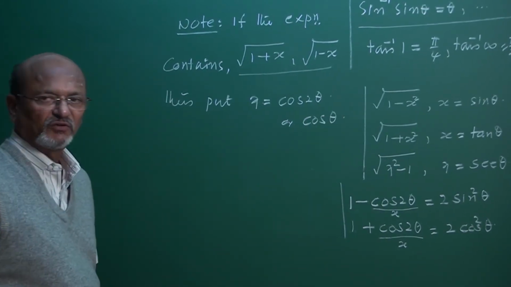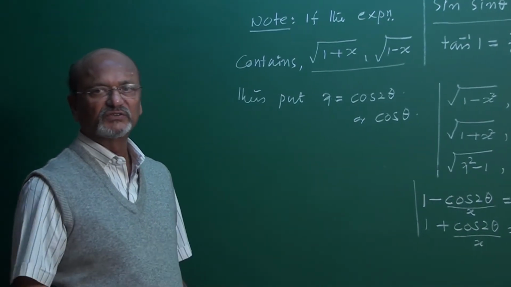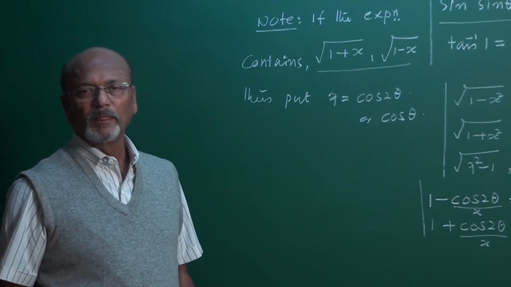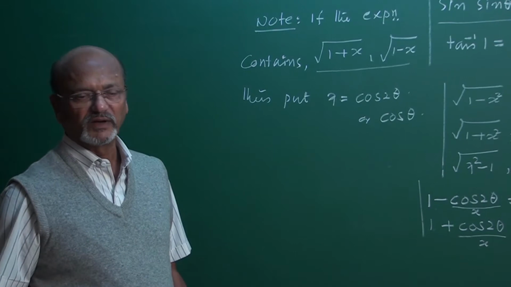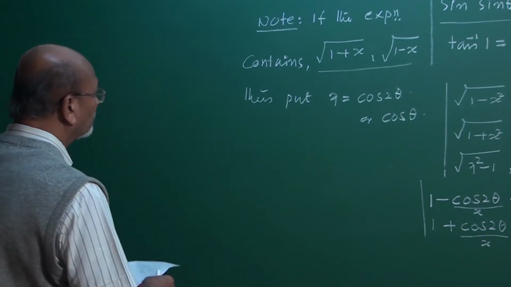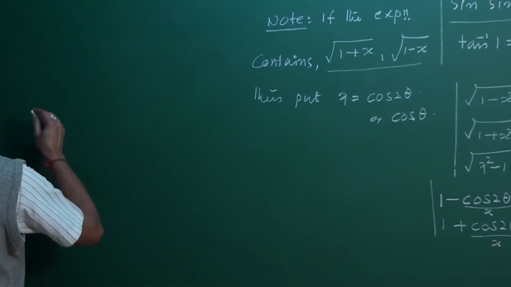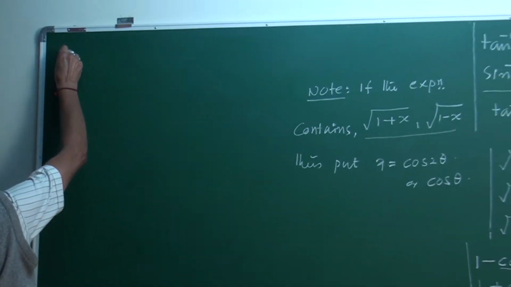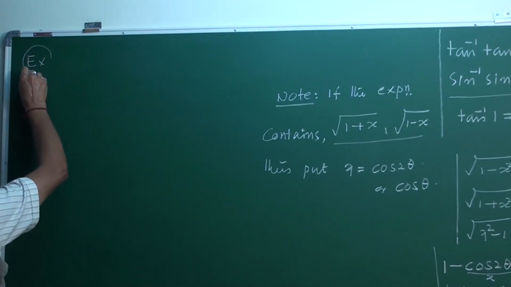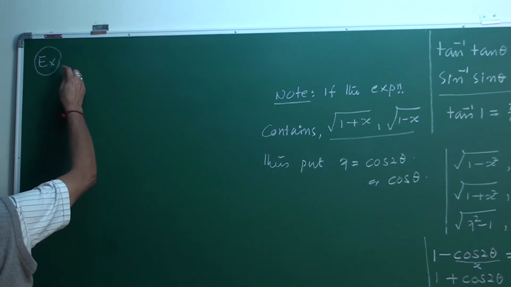Yes, friends. Now I do that example which contains what? Root 1 plus x, root 1 minus x. Yes, my friend. This is the example. This example in your text is there in the miscellaneous exercise.